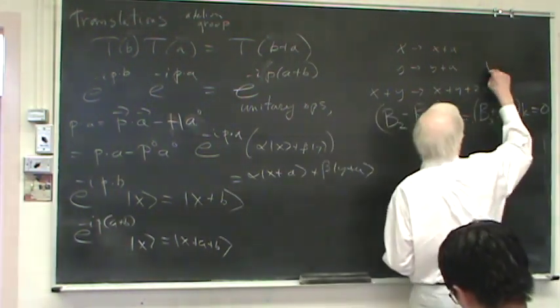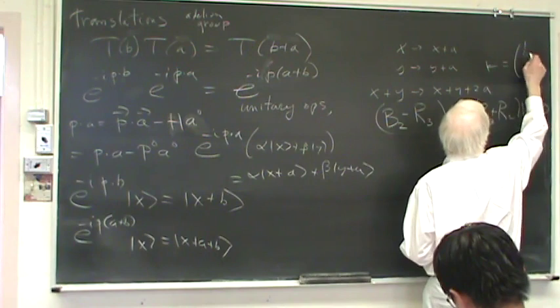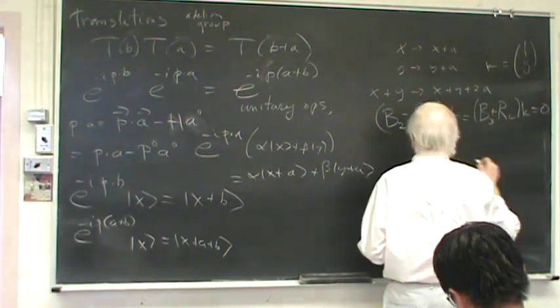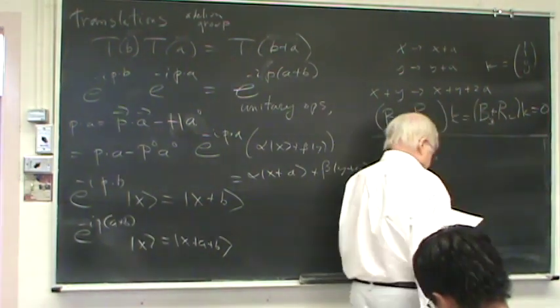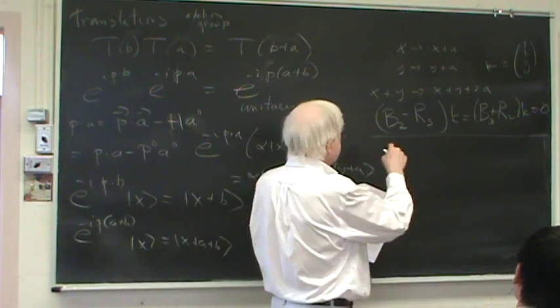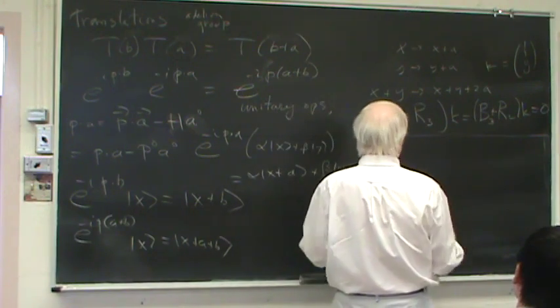This is where k is (0, 1, 1, 0, 0). Weinberg does it a little bit differently, but let's stay with this just for a second.